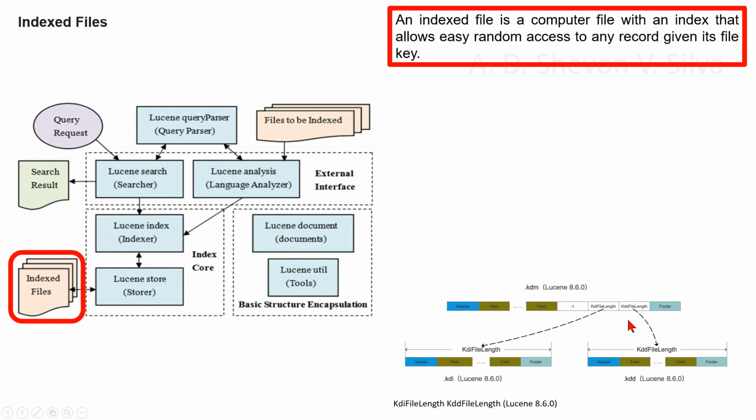In this stage of reading the .kdm index file, KDI file length and KDD file length are used to validate KDI and KDD files, such as for a truncated file or a file that is too long.